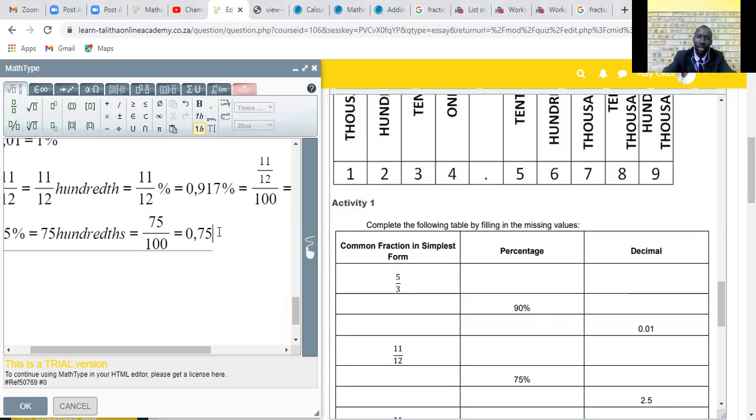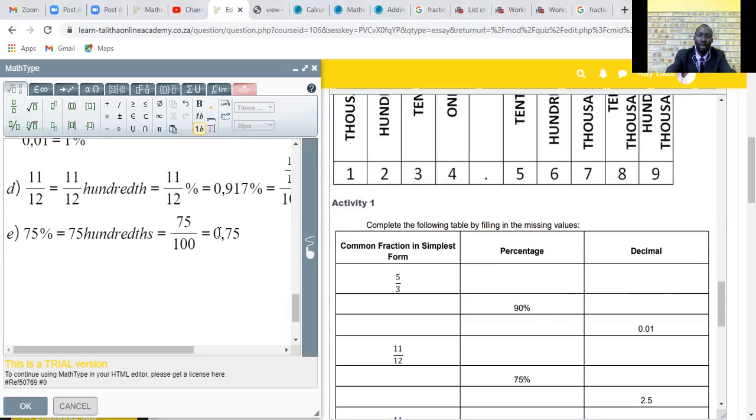Then now, here we have the next question, which is 2.5. 2.5 is going to be considered activity 1 part F. We have to write it as a percentage and also in the common fraction, because it's given here as a decimal.